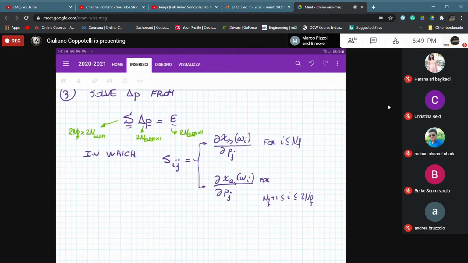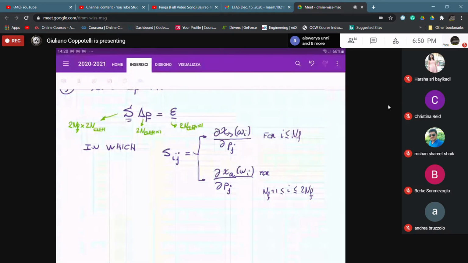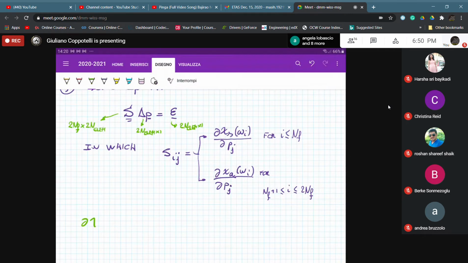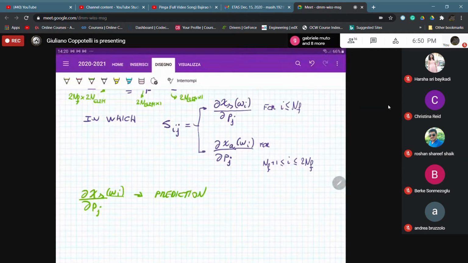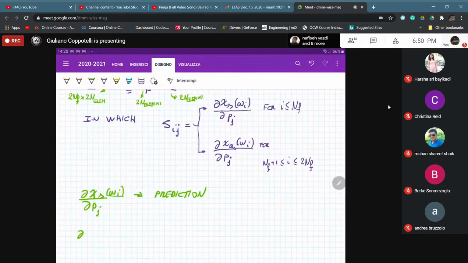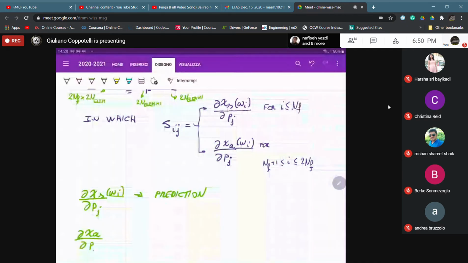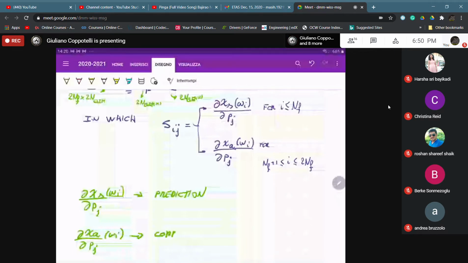Okay, from this point of view, we can say that these coefficients, the derivative of chi-s with respect to whatever parameters, could be viewed as a prediction of your solution in terms of change of the design parameters for updating, and the derivative of chi-a with respect to p_j could be viewed as a correction of the solution.